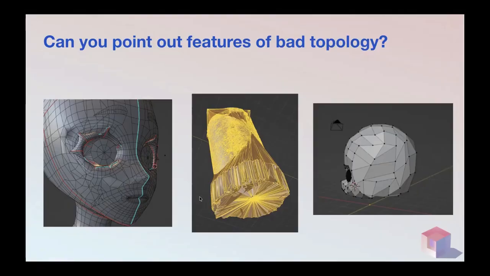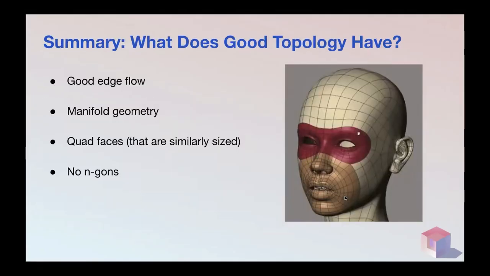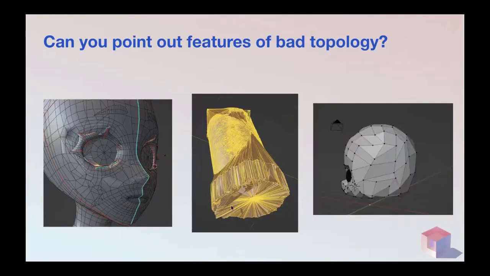And this one, as we talked about, has no clear edge flow, and it doesn't follow manifold geometry because obviously there are a lot of vertices connecting to other vertices and also edges randomly connected to other places. There's no edge flow, and it doesn't follow the quad mesh rule.